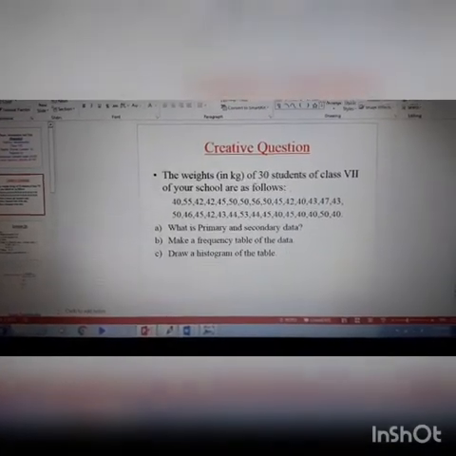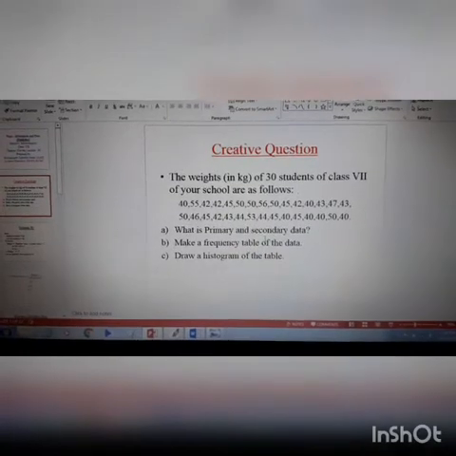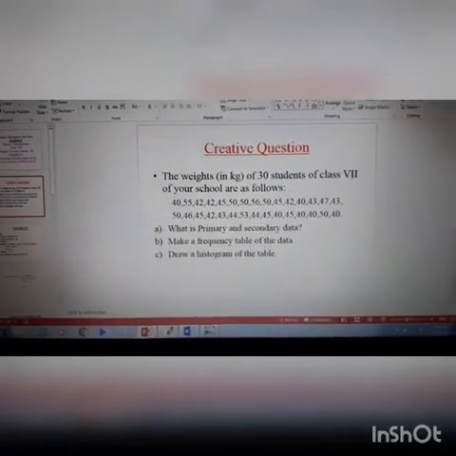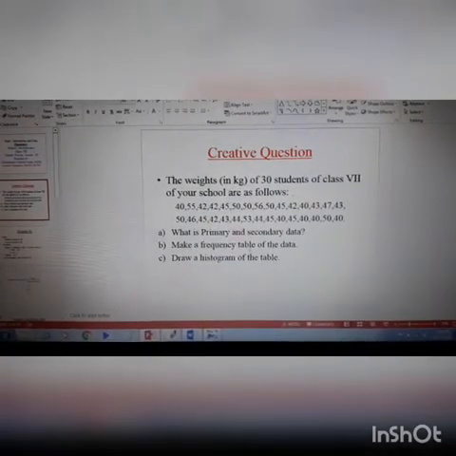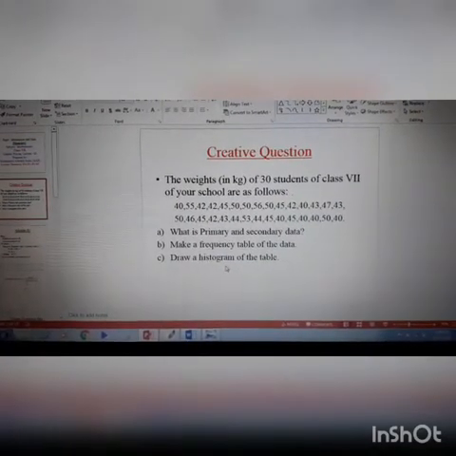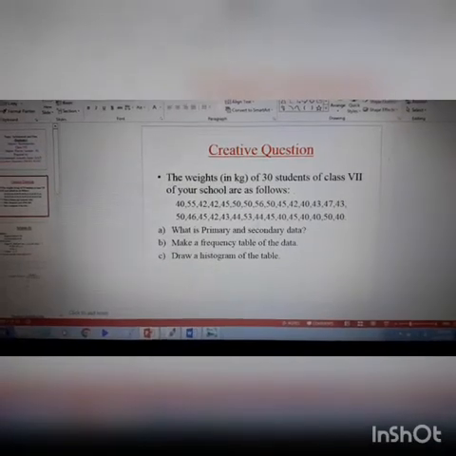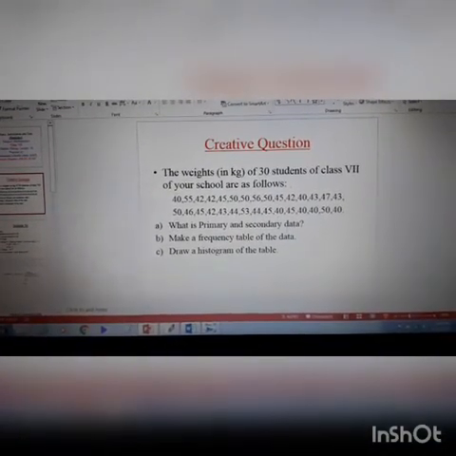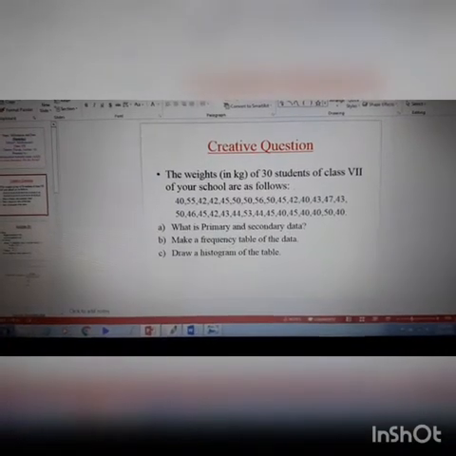Sometimes ungrouped data is given. In that case we have to make a frequency distribution table first, then using it we have to make a histogram. So it is a creative question, a model question for your half yearly exam.